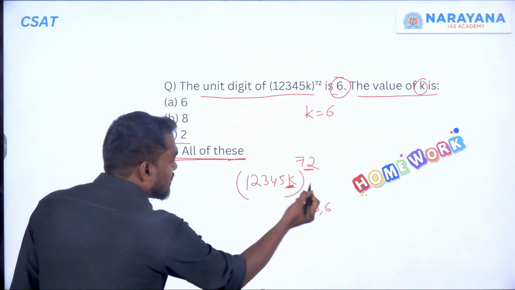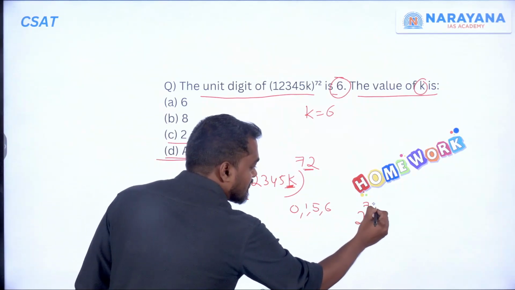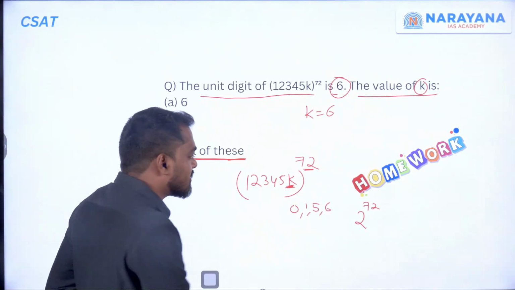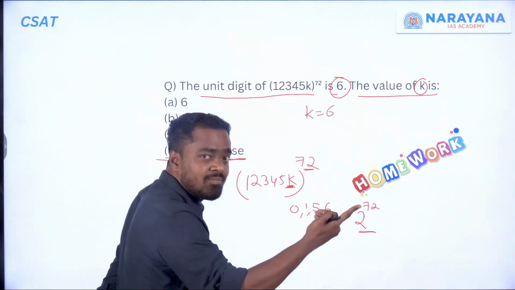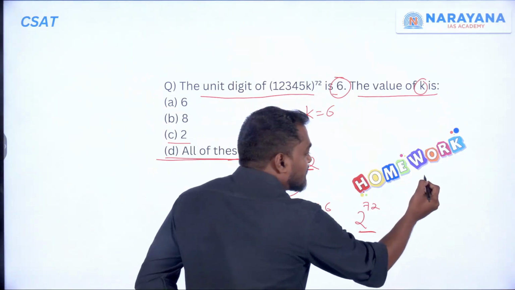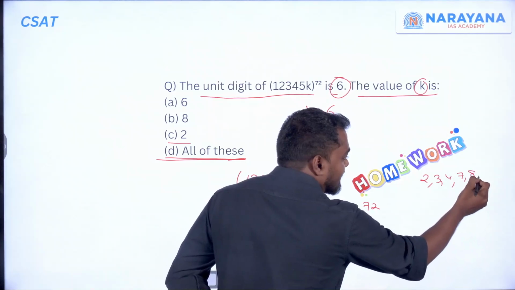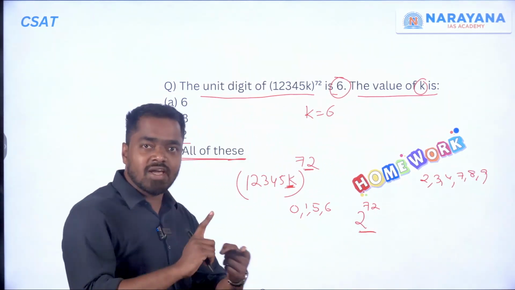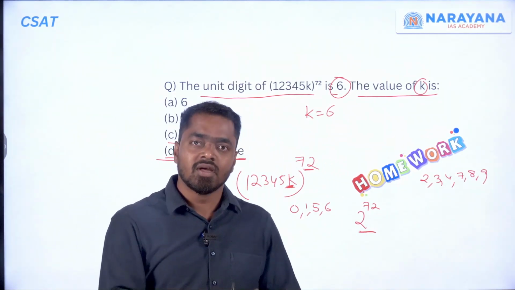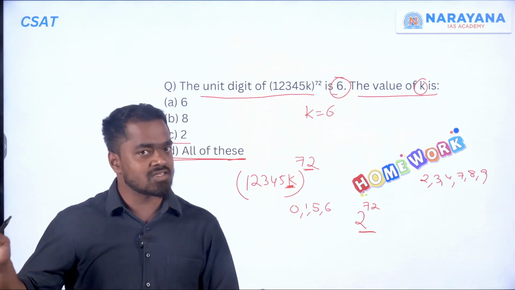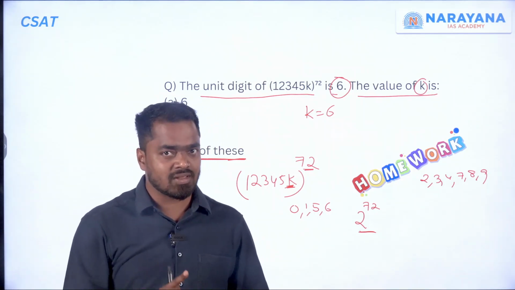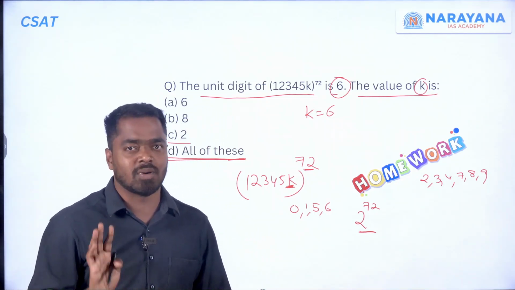If you take 2, so 2 to the power 72, find what is the unit digit. This is the second submodel of base to the power. If the base unit digit is 2, 3, 4, 7, 8, 9, what we have to do? Take the power, divide it by 4. If the remainder is 1, the unit digit is z to the power 1, 2 z square, 3 z cube, 0 z to the power 4.